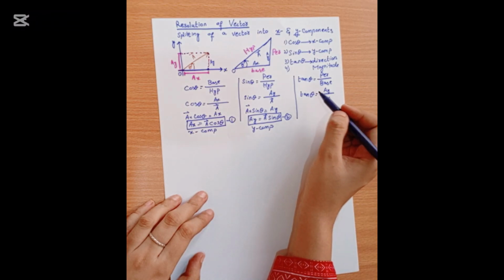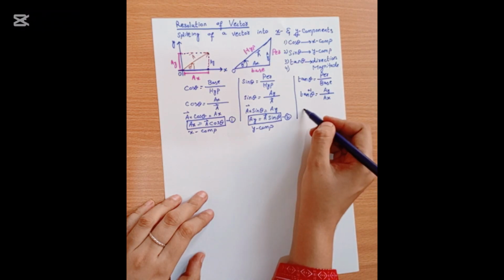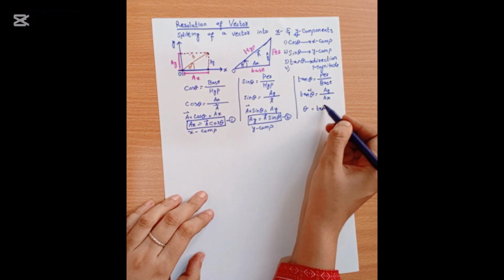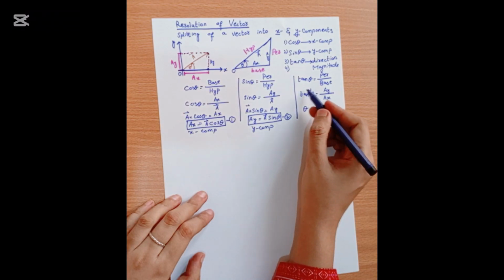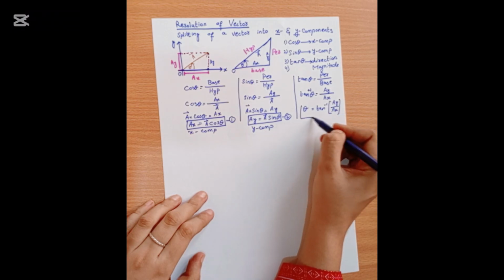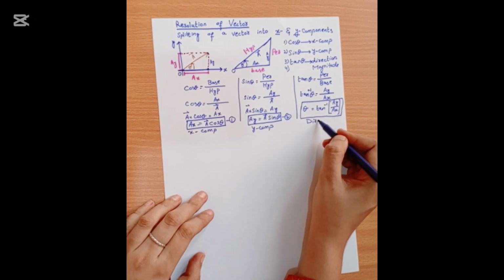Now we know very well any vector which doesn't have a power, it has the power +1. Here the power is +1, and when I shift it to the other side of the equation, it will be -1. We are just shifting tangent power +1 to the other side, so it will become -1, and already written AY upon AX. So this stands for direction.